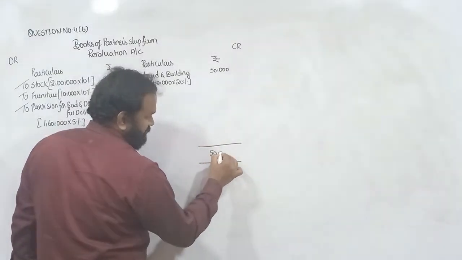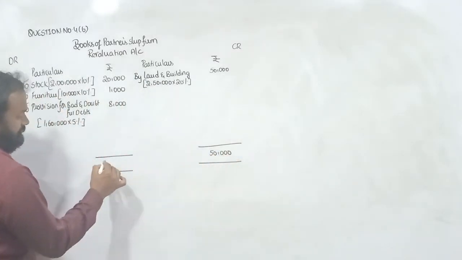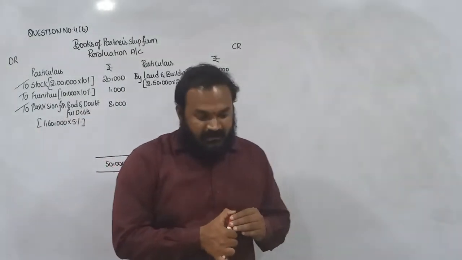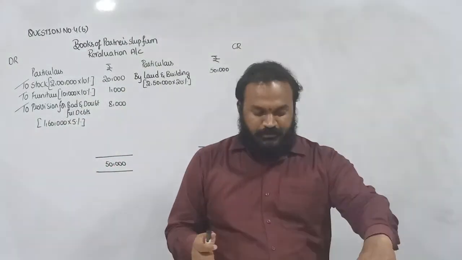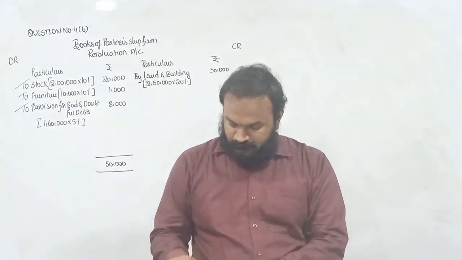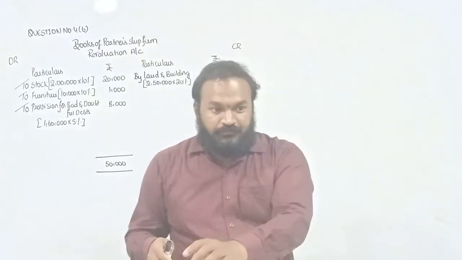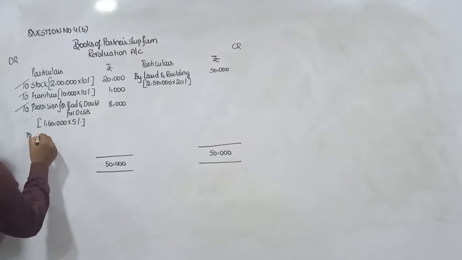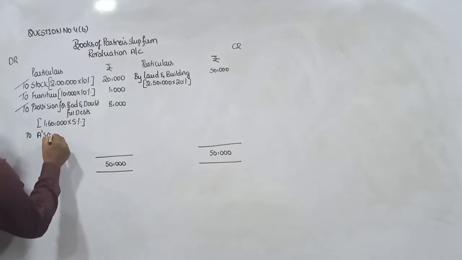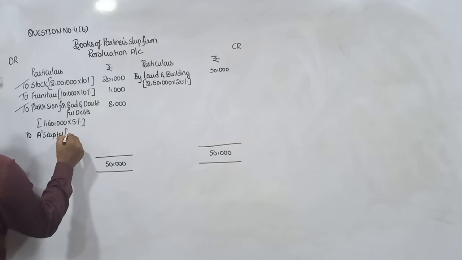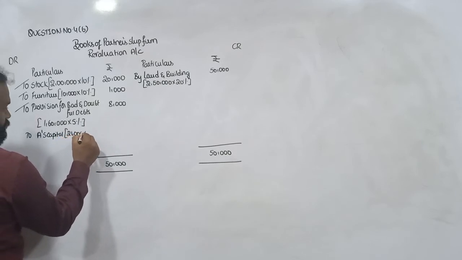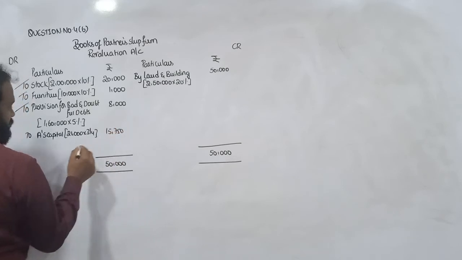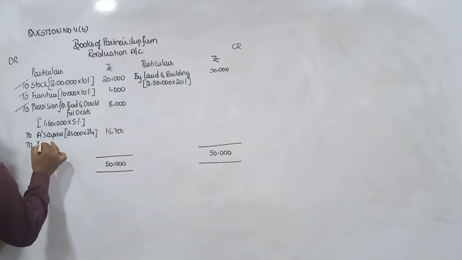Right? 50,000. Next, 50,000. So what is the balance? 21,000 into 3/4, 15,750. A's capital, 21,000 into 3/4, 15,750.